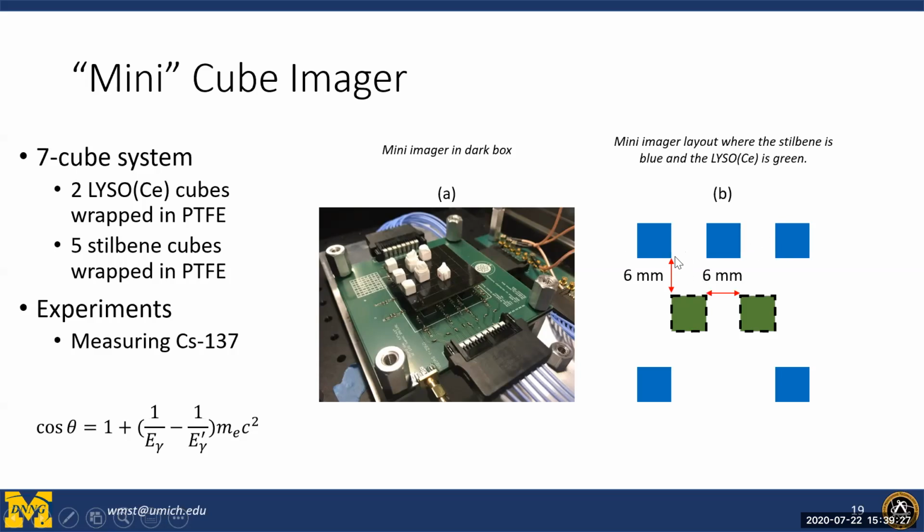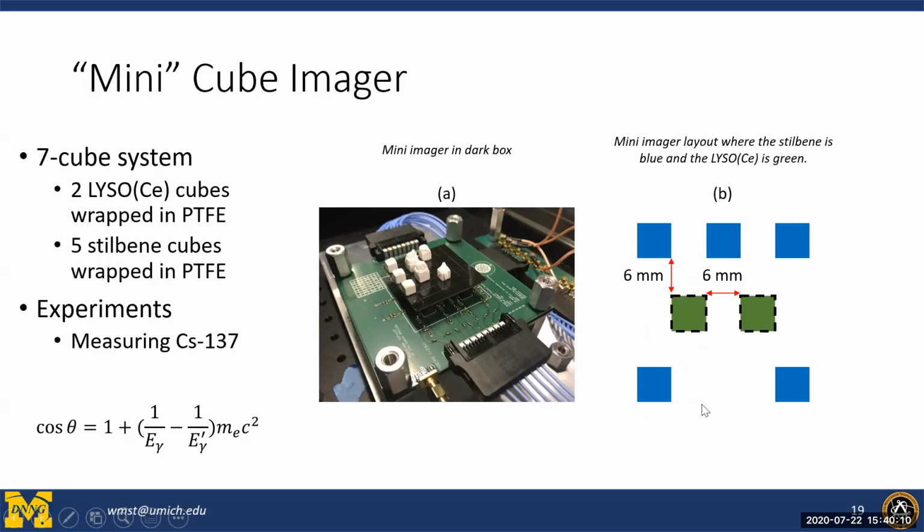And because of the symmetry between these two sets, so correction, we do have a third angle where this stilbene cube can have a forward scattering event that interacts with this LYSO, but two dominant scattering angles, because the scattering also goes with the solid angle between scattering locations, such that it's more likely for interactions to occur between closer detectors in this case. So we have two dominant scattering angles between these two with a minor third, and then we also allow for backscatter events.